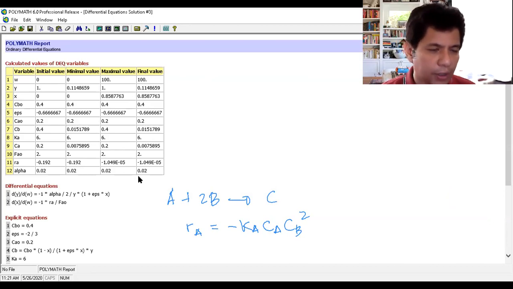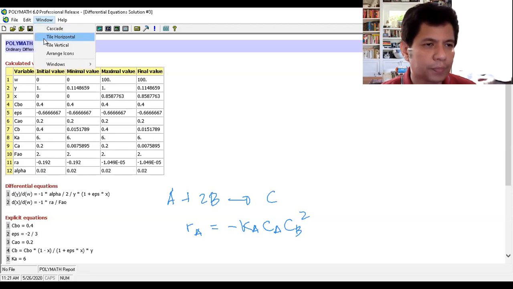So you can check the graph kung ano man tama. 85% yung X na maximum. Let's check the windows.